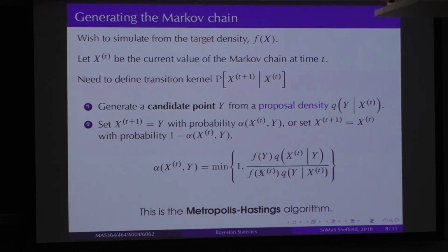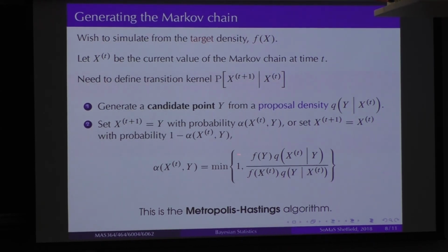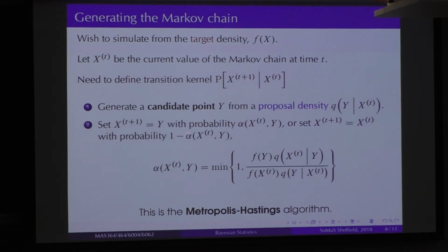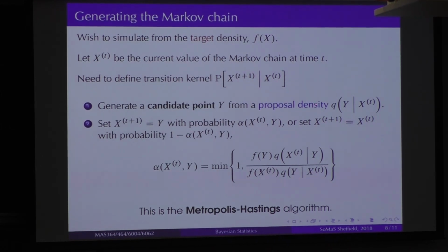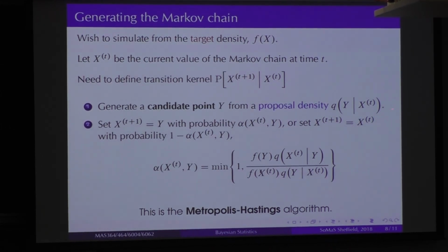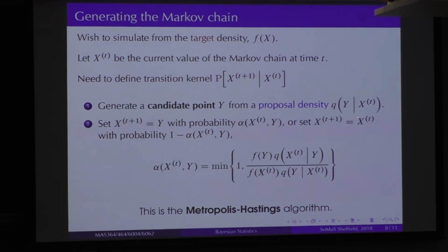So this is the Metropolis-Hastings algorithm. This is the key mathematical element that ensures that the chain that we construct converges to the target distribution. Okay? And the way it works is that we select a proposal density, and that proposal density will depend on the current state of the chain.